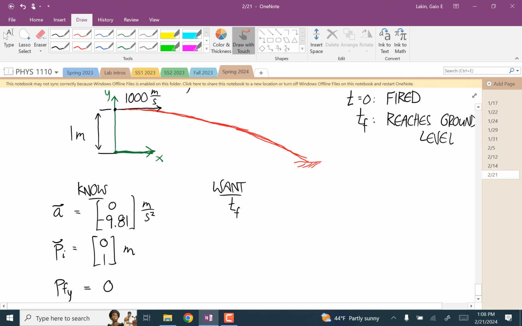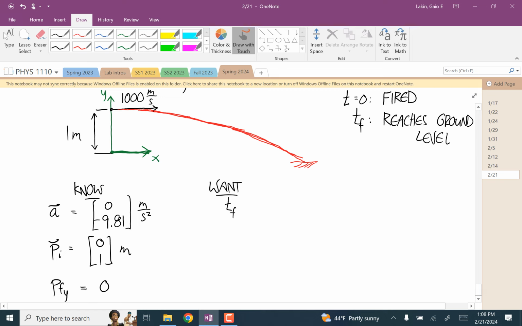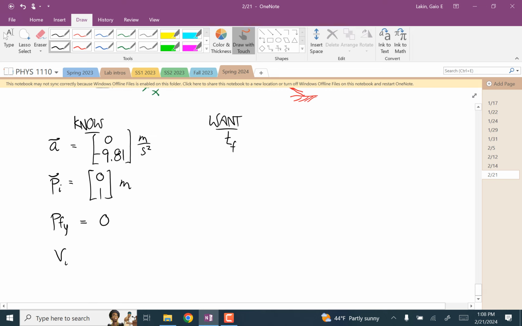If it's fired horizontally at 1,000 meters per second, what are the components of the initial velocity vector? 1,000 and 0. Yep, perfect. So 1,000 for x, 0 for y. You can think of that this way. Take the coordinate system.